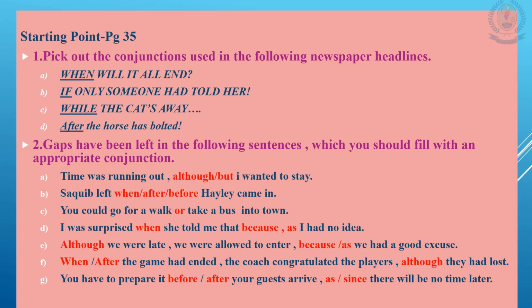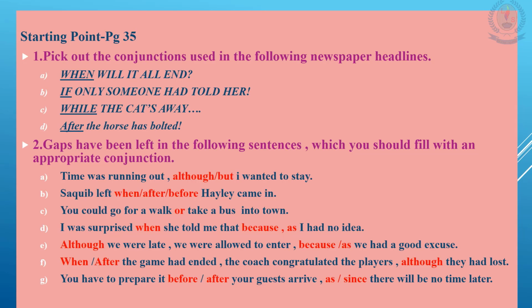Let's move on to the activities given on page number 35. First one, starting point. There are two questions. First one is, pick out the conjunctions used in the following newspaper headlines. You are given four newspaper headlines and you have to underline the conjunction used in each headline. First one, when will it all end?